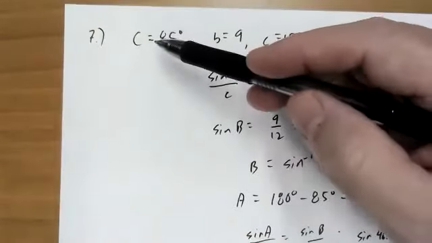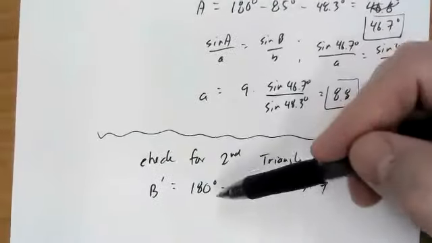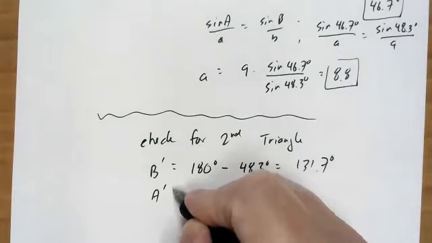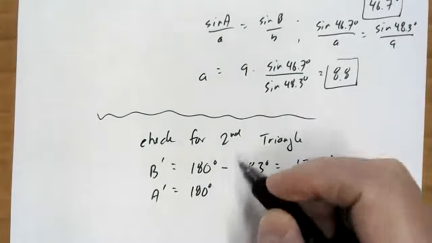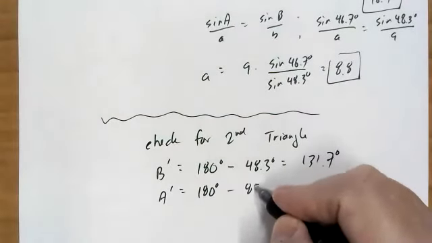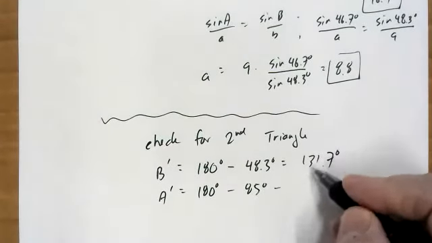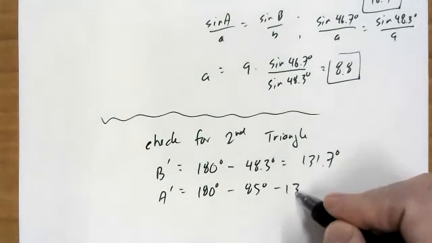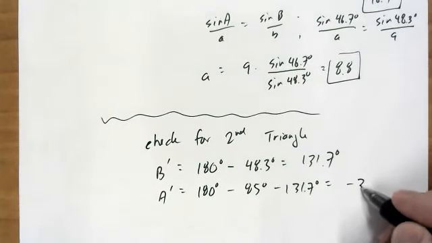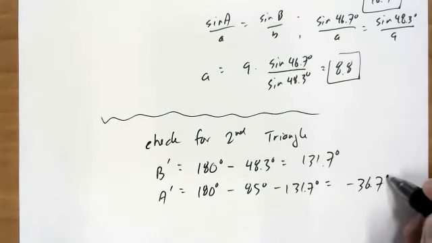So I'm given angle C. I have a new angle B. So now my new angle A is going to be 180 minus angle C, which is 85 degrees, minus my new angle B. So then it's actually negative 36.7 degrees.